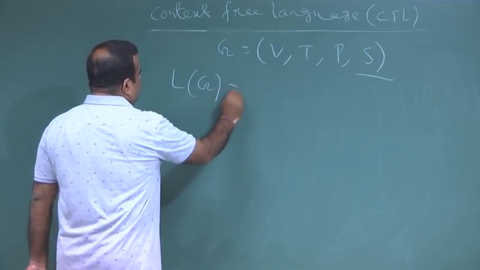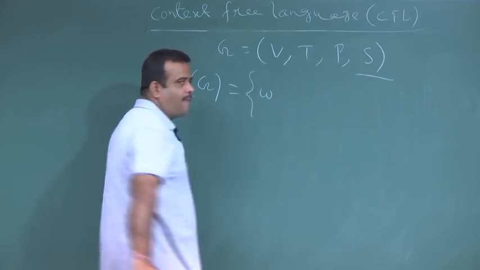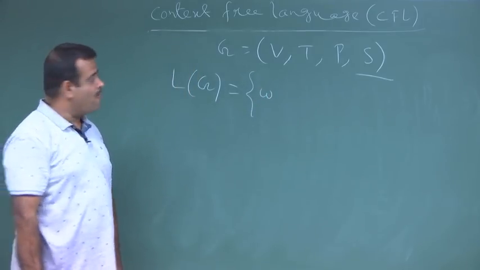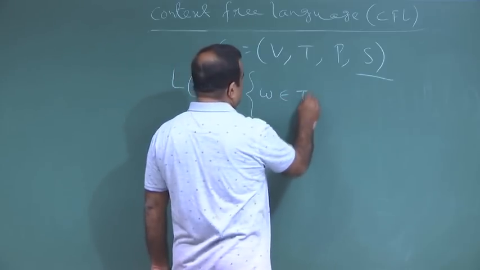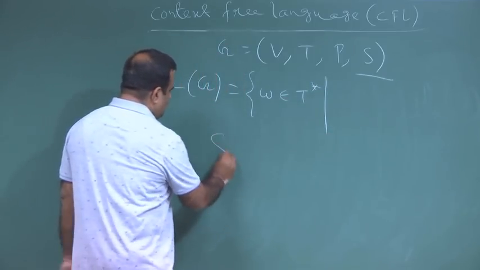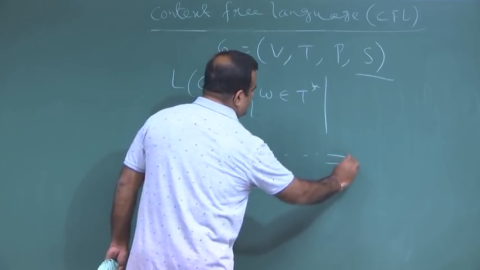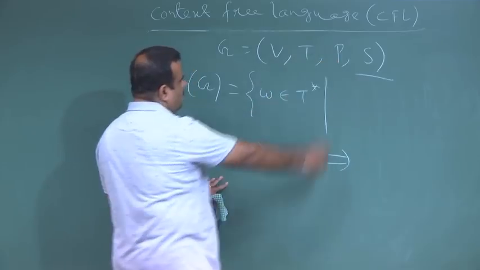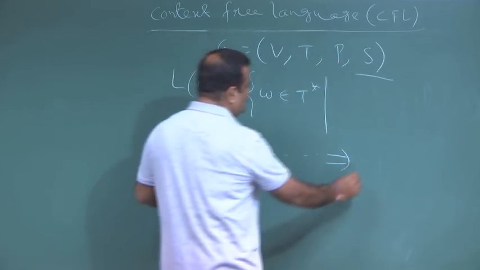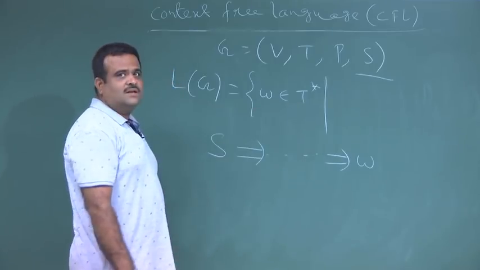L(G) is the set of all strings of terminals, coming from T star, such that from the starting variable, by applying the rules from P, we are able to reach W, and W consists of only terminals.